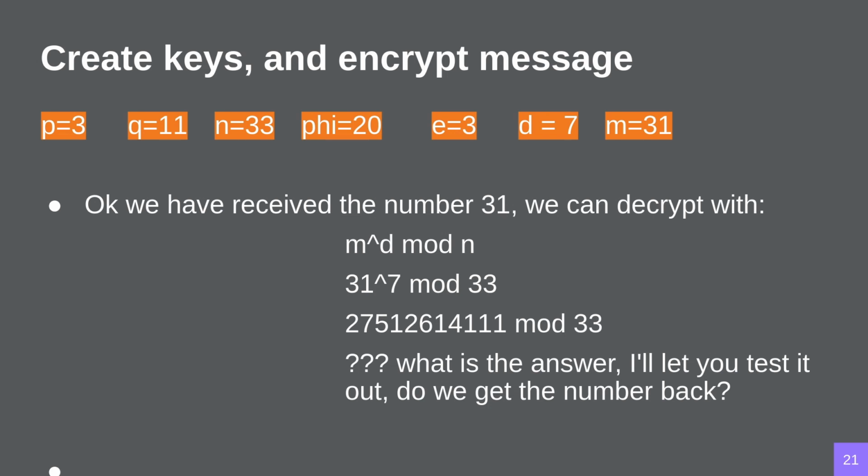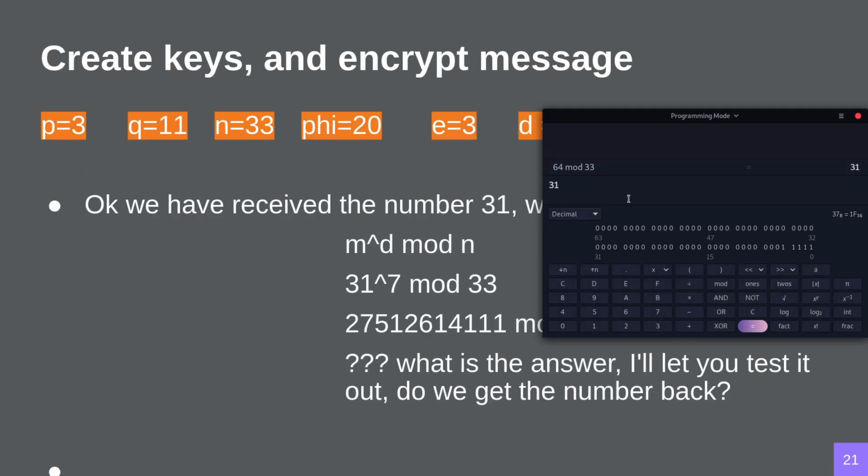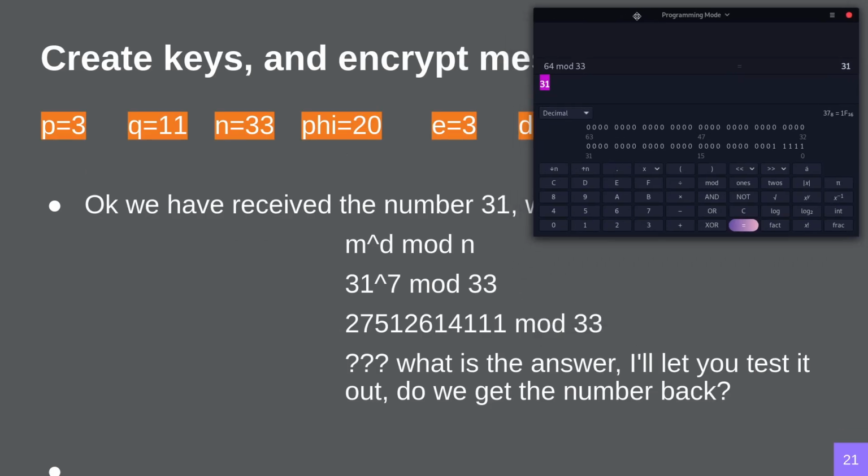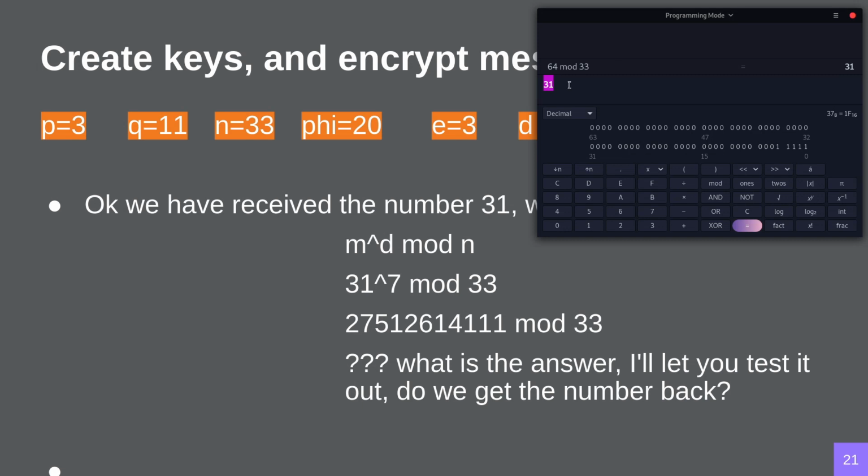Let's get the calculator to work that out, because that's a very hard sum to do unless you're super good at maths. So 31 to the power of 7 gives us a huge number, and let's just do mod 33. This is going to be the decrypted value, and there we go, it's 4, there's the answer. We've decrypted it with the private key and we've got the answer back.